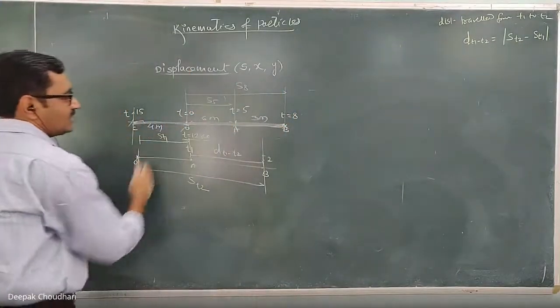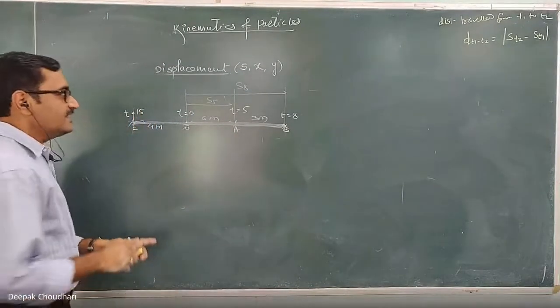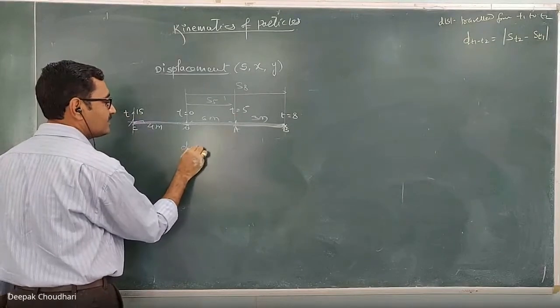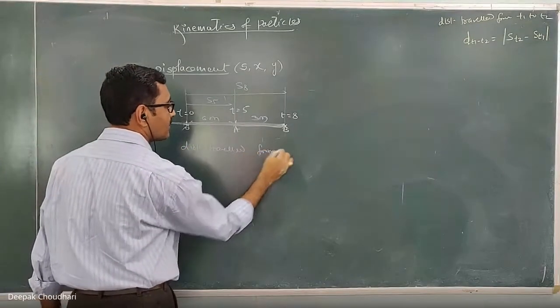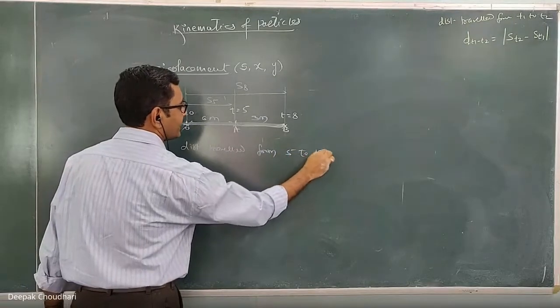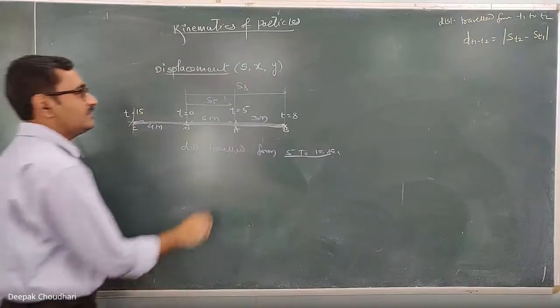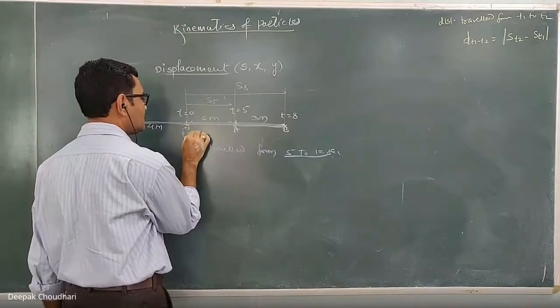Suppose, let's consider this question. ये question में मुझे पूछा है, find out the distance traveled by the particle from 5 to 12 seconds. Let this be t1 and this be t2, and this is the position at t equal to 12 seconds.